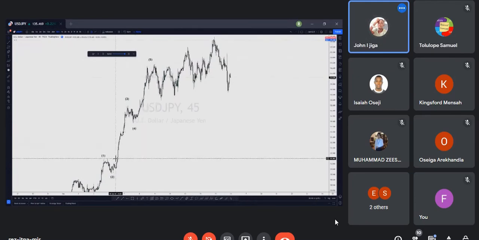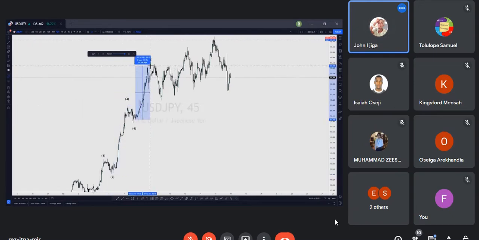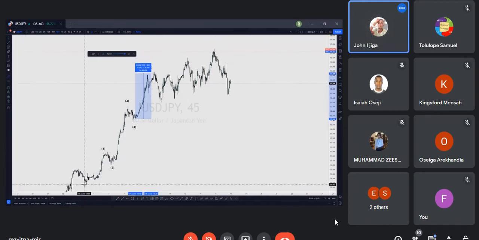Wave 3 currently is the longest wave in this. If you want to check that, you could use this to calculate how many pips. This was 260 pips, and wave 5 was 202 pips, and then wave 1 was 138 pips.